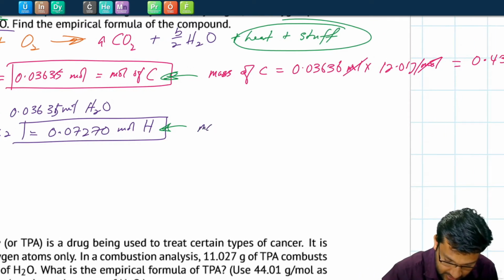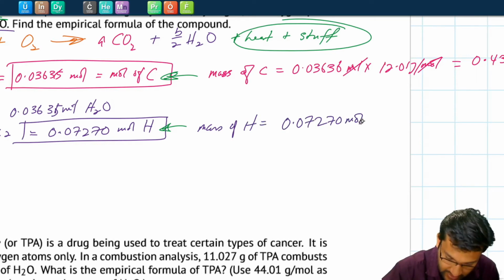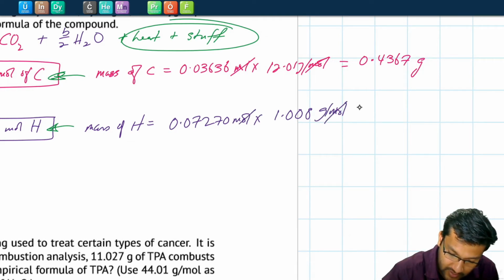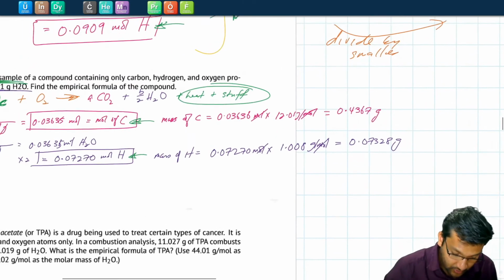So mass of hydrogen, 0.07270 moles times the molar mass of hydrogen. I'm going to use 4 sig figs so that I don't reduce my significant figures in the answer. Multiply by 1.008 grams per mole gives us, for the mass of hydrogen, 0.07328 grams.